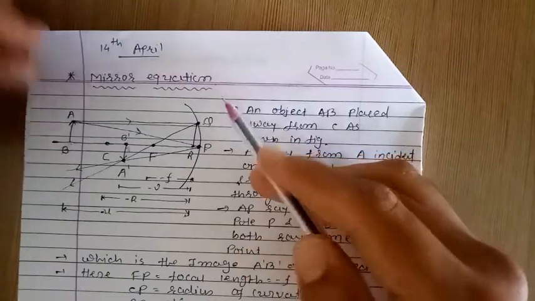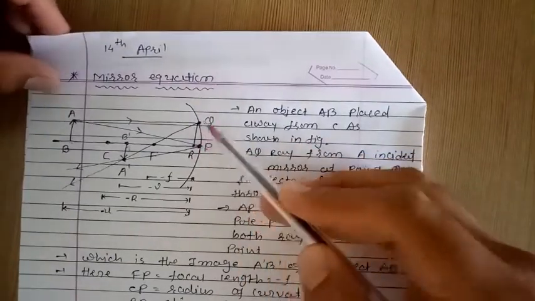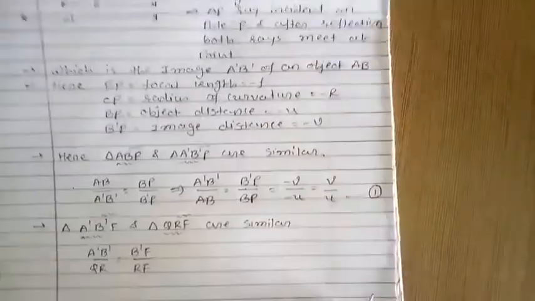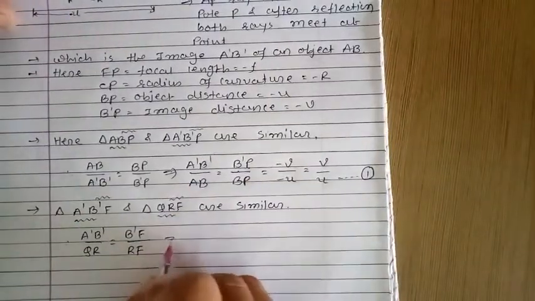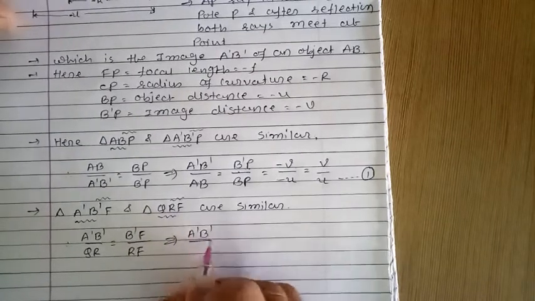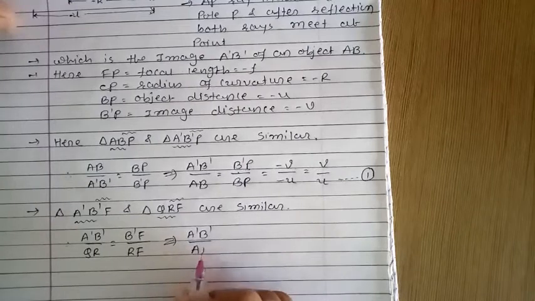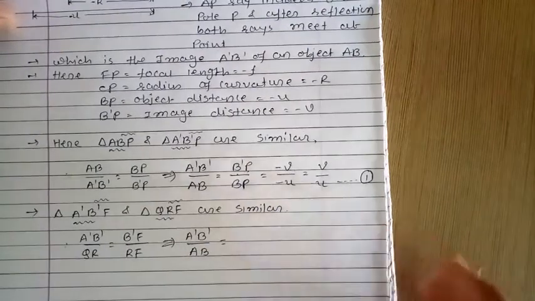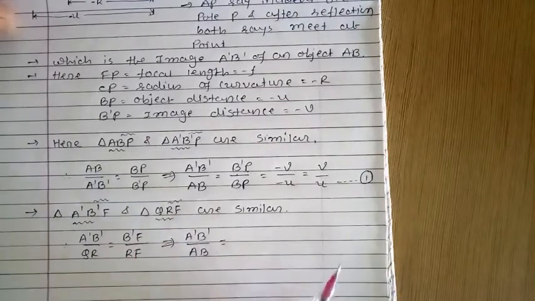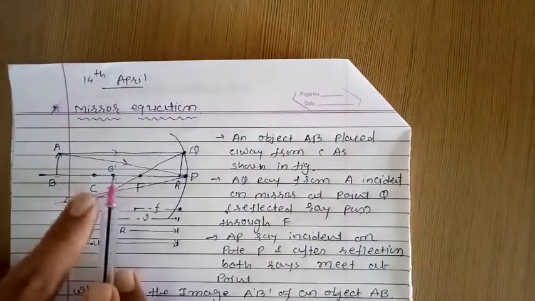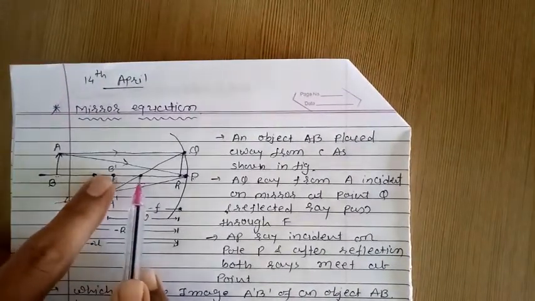See, AB and this is QR. So instead of QR we can write AB. So A dash B dash upon AB is equals to the value of B dash F. Here, see the figure, we have to find the value of B dash F.